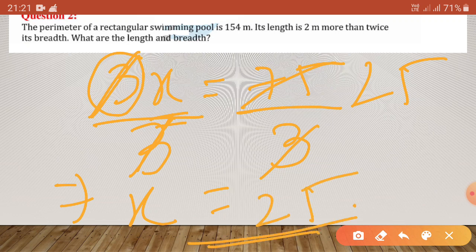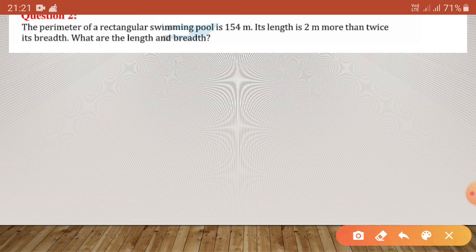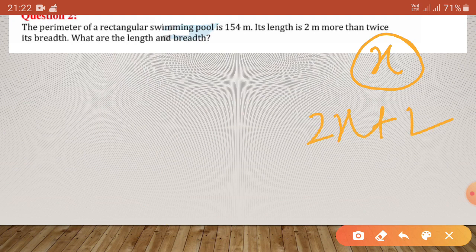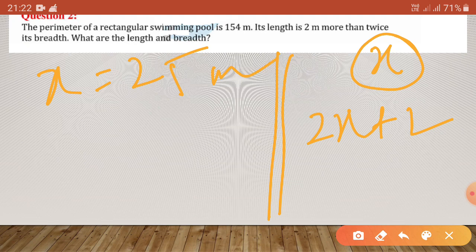Okay, got it? So already we have assumed that the value of breadth is x and the length of this rectangular swimming pool is 2x plus 2. Okay, so in this equation we already got x equal to 25 meter.